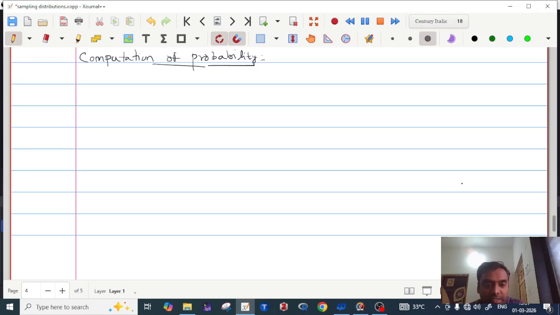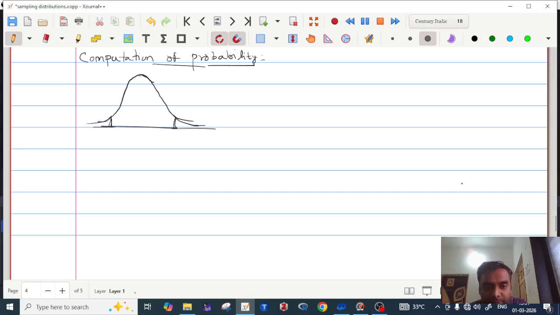The t distribution's graph is symmetric and bell-shaped in nature.